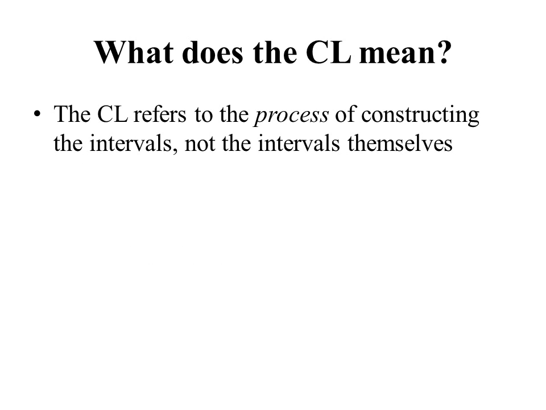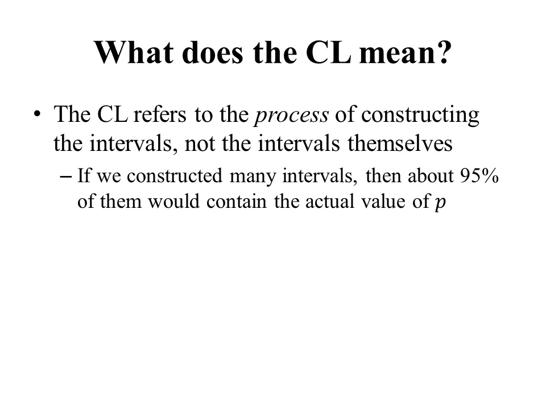So what this illustrates is that the confidence level refers to the process of constructing the intervals, not the intervals themselves. Once the interval is constructed, P is either in there or it's not. It's already been determined. Now, we don't know what that determination is, but it's already done.